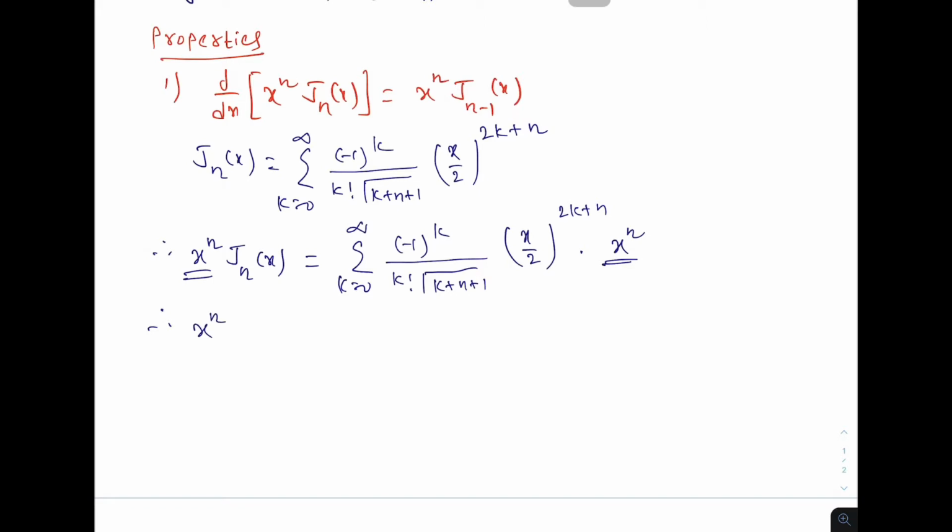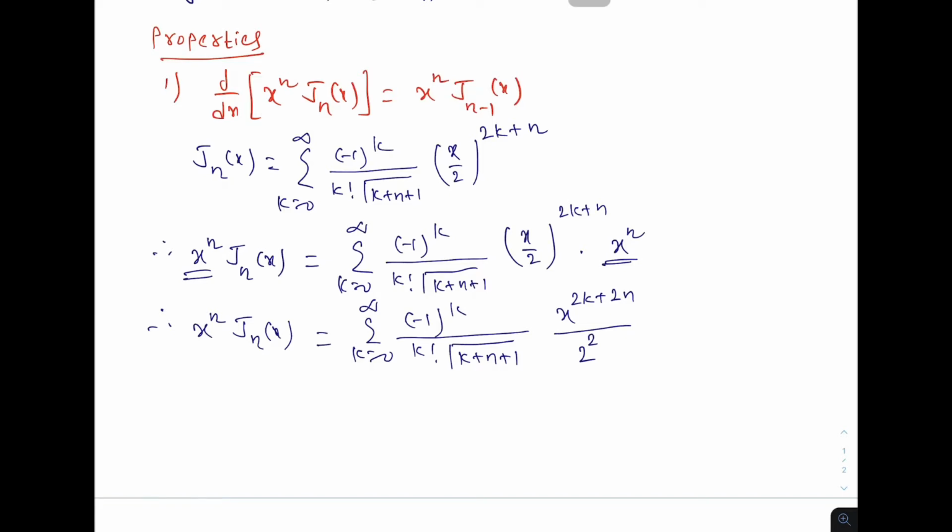So therefore x power n Jn(x) equal to series k equal to 0 to infinity, minus 1 power k over k factorial gamma k plus n plus 1, and we can write x power, so collect the x power 2k plus n and this n, so x power 2k plus 2n over 2 power 2k plus n.